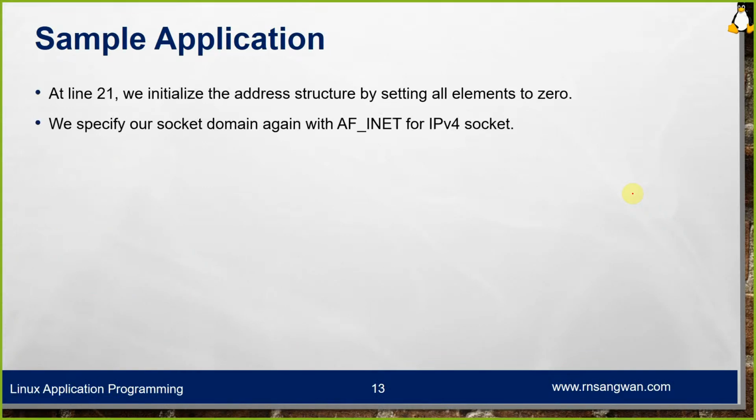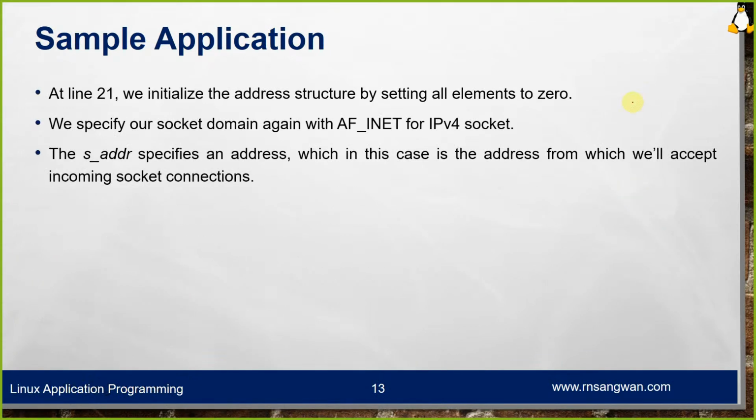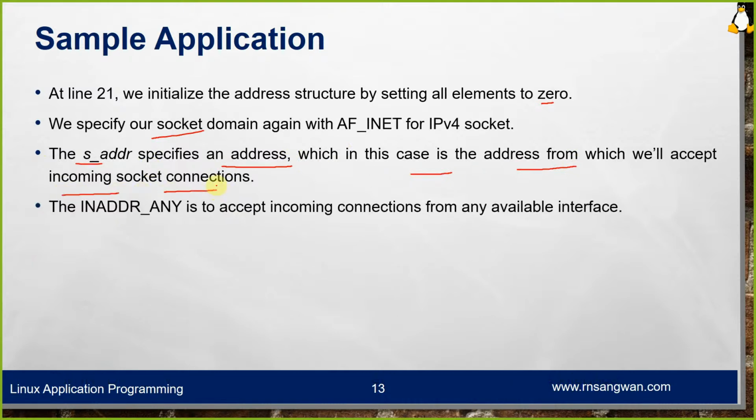At line 21, we initialize the address structure by setting all elements to 0. We specify our socket domain again with AF_INET for an IPv4 socket. The s_addr specifies the address from which we'll accept incoming socket connections, that is the source address.